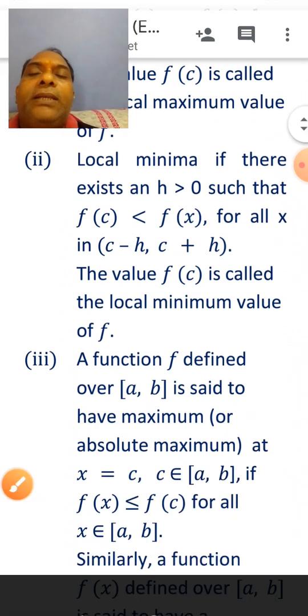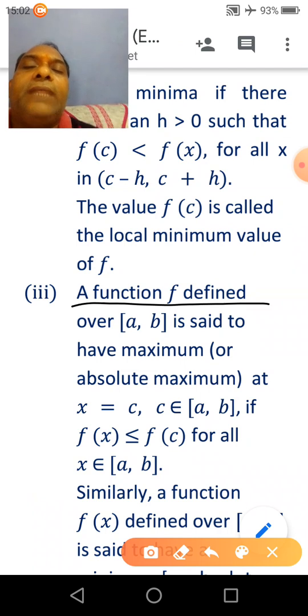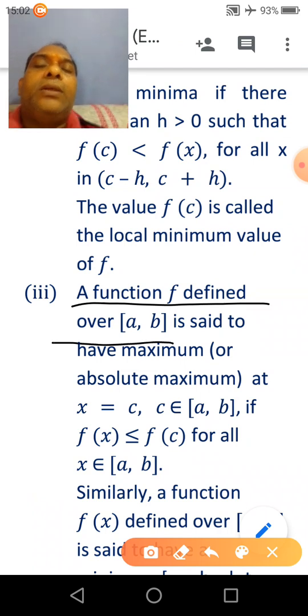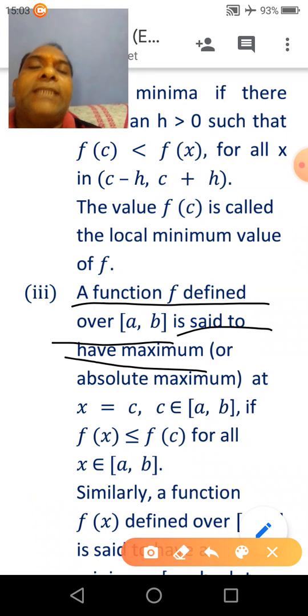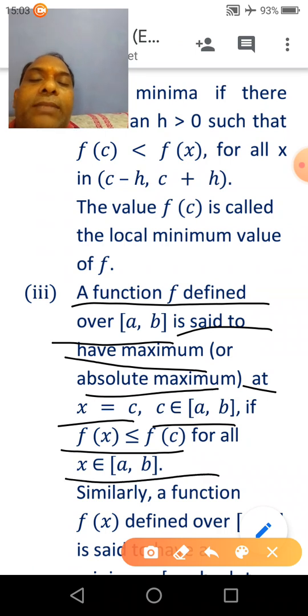Third point, a function f defined over closed interval [a, b] is said to have maximum or absolute maximum at x equal to c, where c belongs to [a, b], if f(x) is less than or equal to f(c) for all x belonging to [a, b].